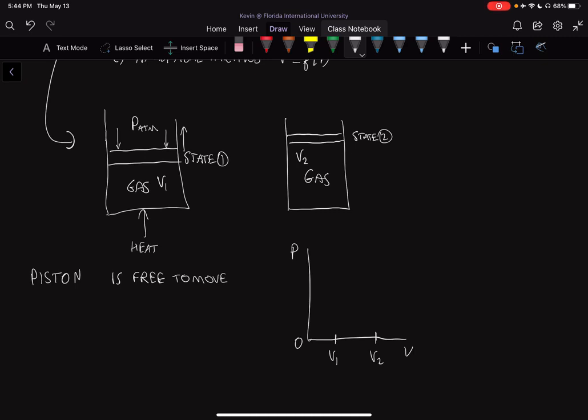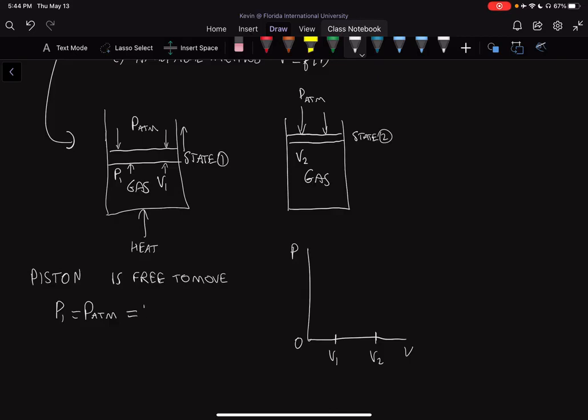The pressure stays constant. The pressure from the outside acting in is always atmospheric pressure. So we still have atmospheric pressure acting on this piston at all times, even though the inside expands. So that means that pressure 1 is equal to P atmosphere. The pressure inside of the gas is equal to the pressure outside. Okay, we're in equilibrium, so we have the same pressure inside as outside.